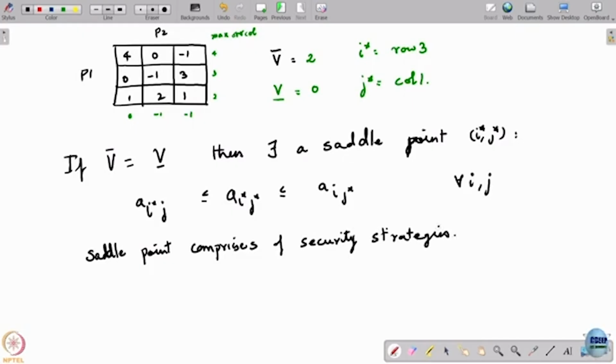So this is what we showed, and actually if you see the proof that we discussed last time, you will see that the converse is also true. That means if there is a saddle point, then V upper bar and V lower bar become equal.